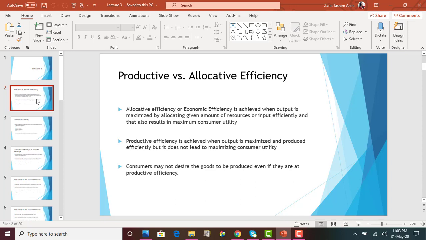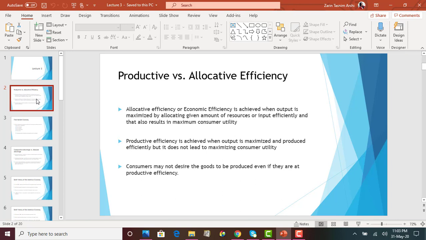Then we also learned about the other concept called productive efficiency. This focuses on the producer side or the business side, and we have productive efficiency basically when the output is maximized with a limited number of resources and the cost is minimized, but consumer satisfaction is not maximized.